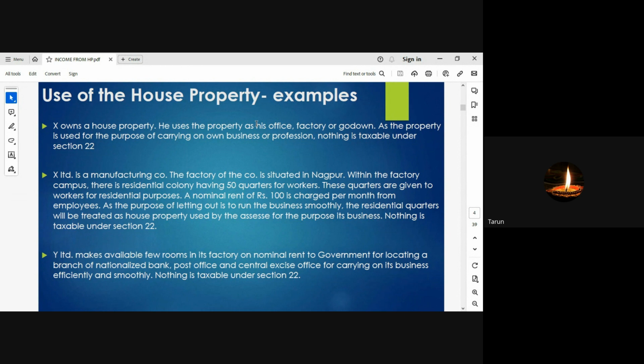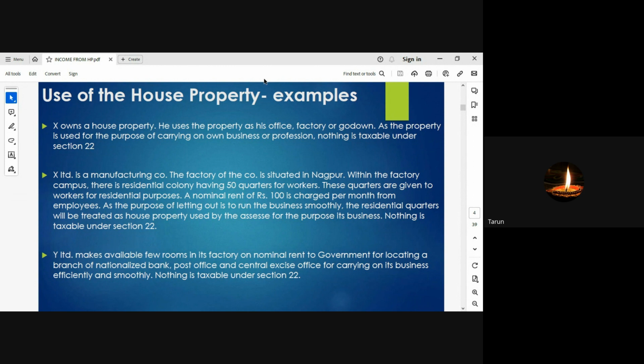A nominal rent of rupees 100 is charged per month from employees. What is the purpose? The purpose is to let out such property, right? X Limited lets it out to run the business smoothly.